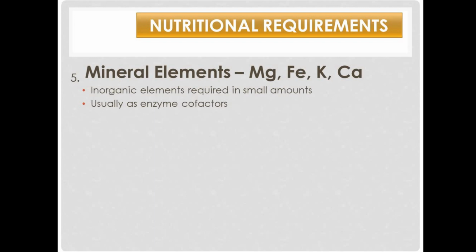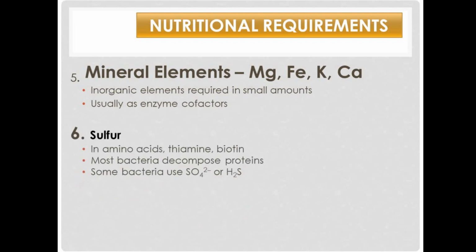Next are minerals or elements, like magnesium, iron, potassium, and calcium. These inorganic elements are required in small amounts, usually as enzyme cofactors. We also have sulfur. Some microorganisms need sulfur because it is needed in amino acid, thiamine, and biotin synthesis of certain bacteria.